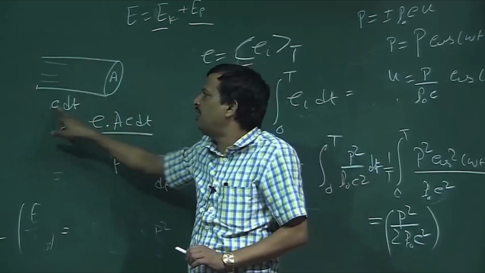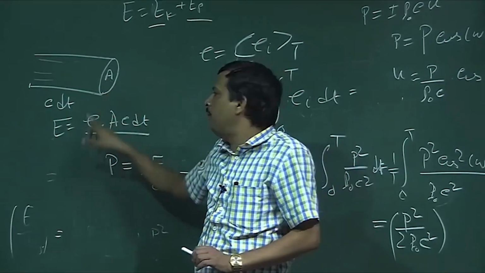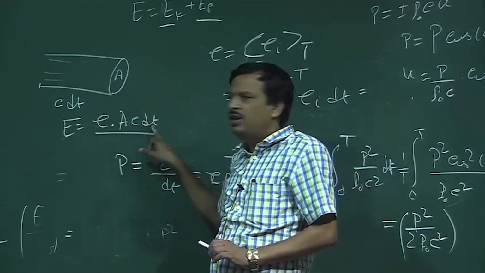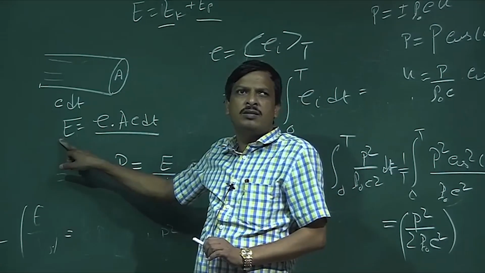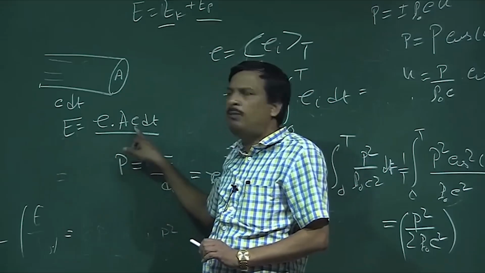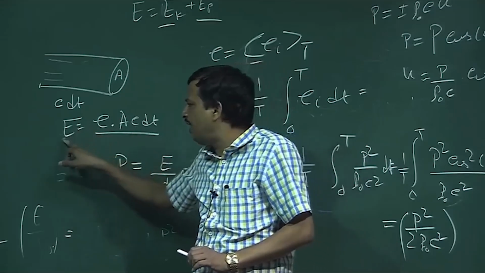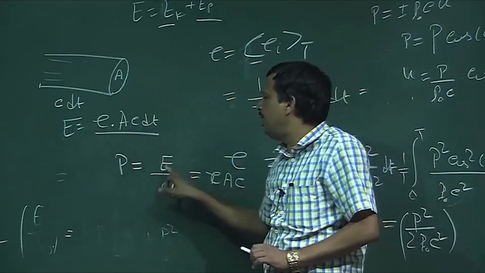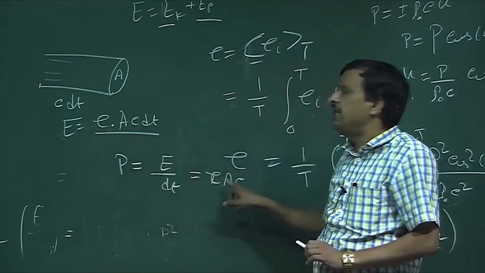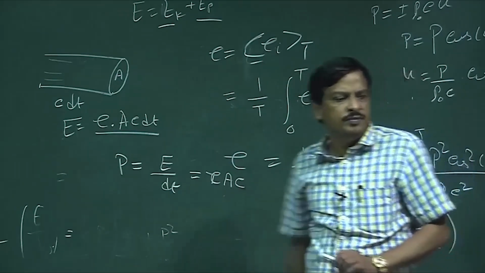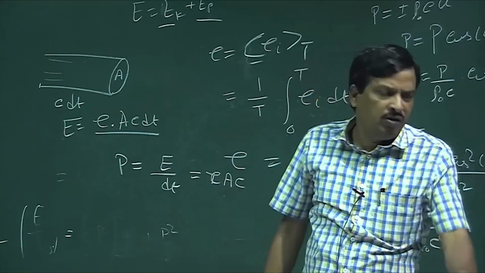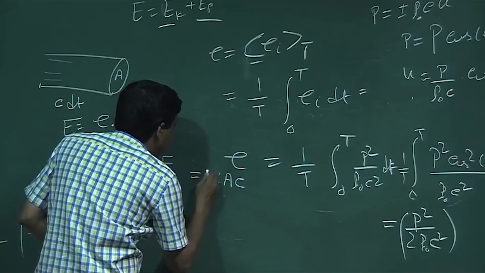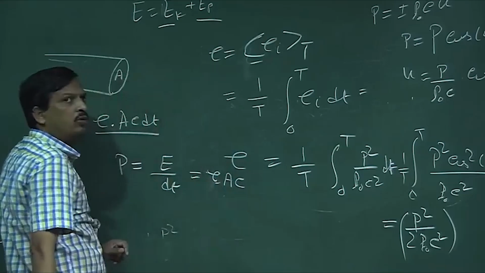It is c dt into A. So, energy density multiplied by the volume is the total energy. Now, if I get the total energy, what is the power? Energy per unit time, so energy divided by dt. It is nothing but E into A C. It is not capital E, it is small e, the average energy density multiplied by A into C.